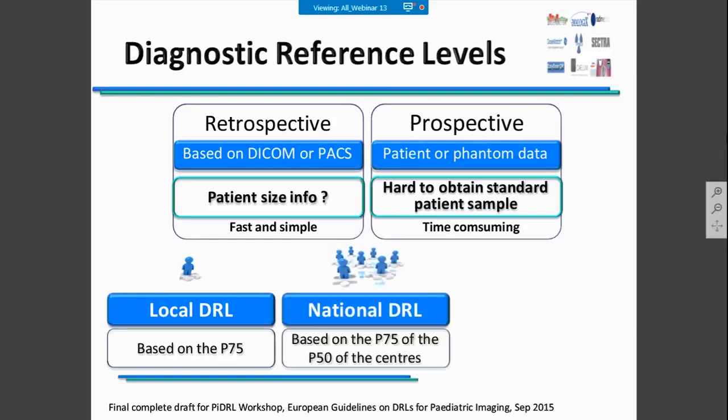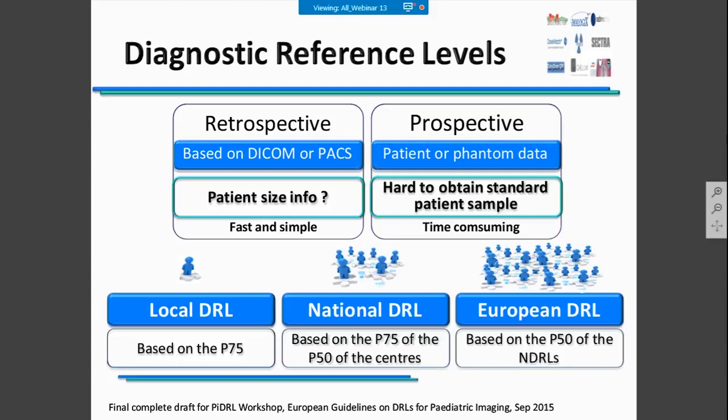If you want to calculate the national DRL, they were based also on the 75th percentile dose value, but calculated based on the P50 of the values of the dose of the different sizes. And for example, the European DRL calculations were based on the P50 of all the national DRLs.